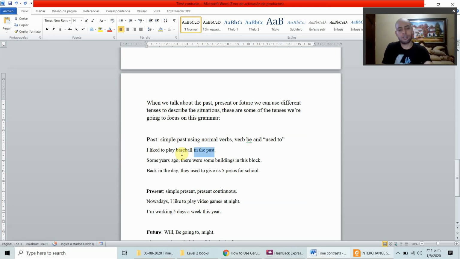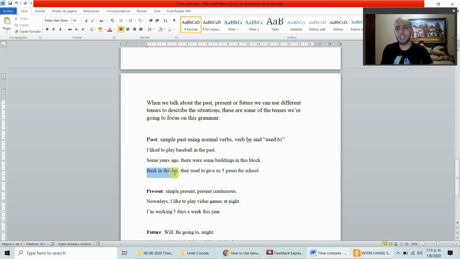Some years ago, there were some buildings in this block. What does that mean? Now there are no buildings in this block. But some years ago, there were. That's the difference.